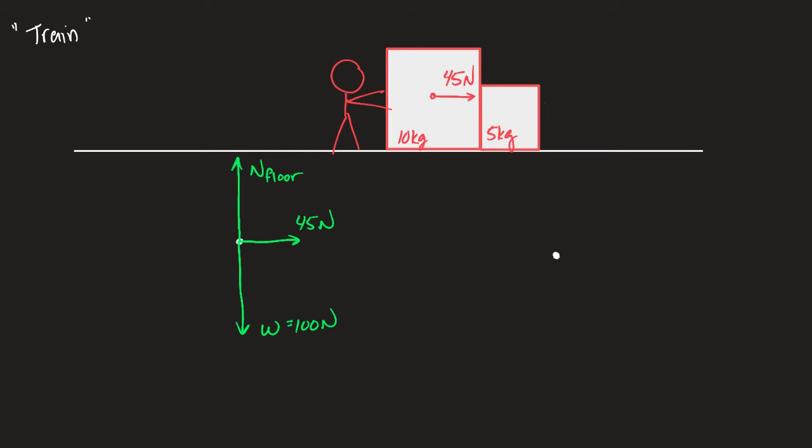But there's another surface in contact with the box, and that's the surface between the two boxes. The only way this surface could apply a force on the first box is for there to be a normal force this way. Because the normal force has to be perpendicular to the surfaces in contact.